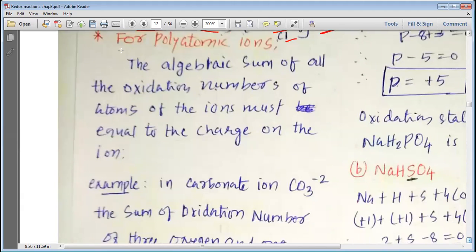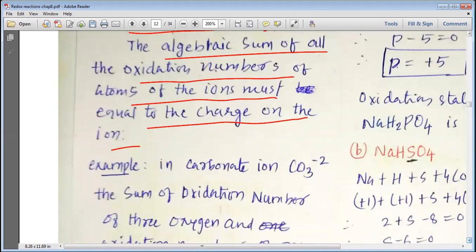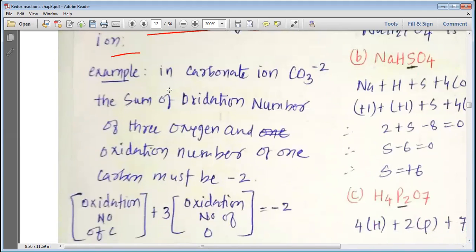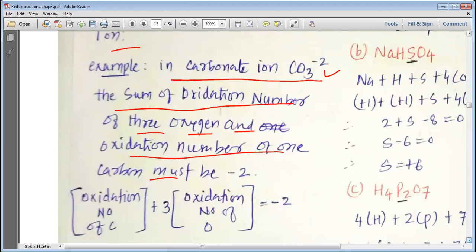Same way, my dear students, for polyatomic ions, the algebraic sum of all the oxidation numbers of atoms of the ion must be equal to the charge present on the ion. So for CO3 2- ion, or the carbonate ion, the sum of the oxidation numbers of 3 oxygen and 1 carbon must be -2.